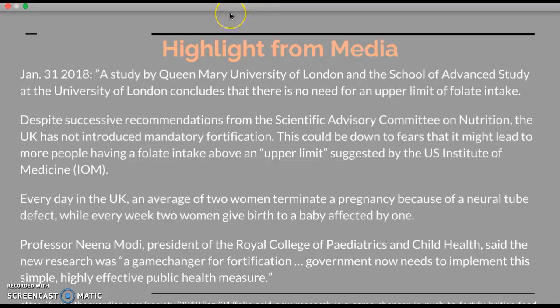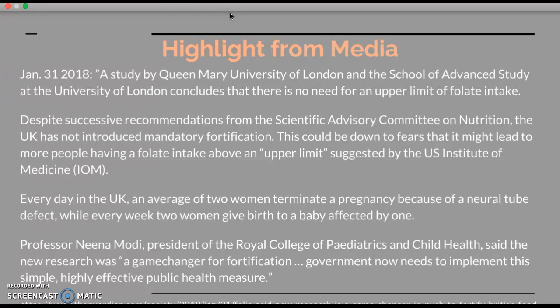Something interesting that I found from the media recently is that in January of 2018, a study by Queen Mary University of London and the School of Advanced Study at the University of London concluded that there is no need for an upper limit of folate intake. Despite successive recommendations from the Scientific Advisory Committee on Nutrition, the UK has not introduced mandatory fortification.